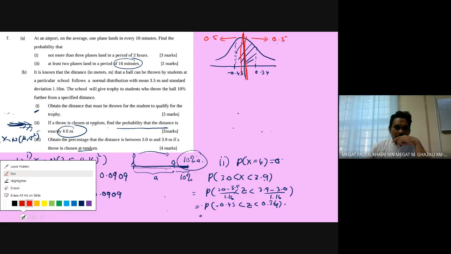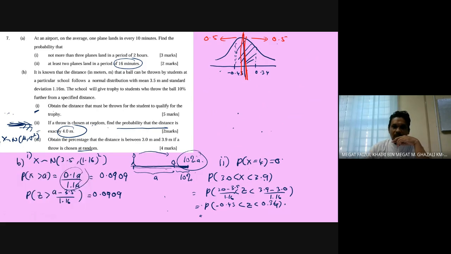So if I sketch this separately, I get here 0.34 and another half here, 0.43.